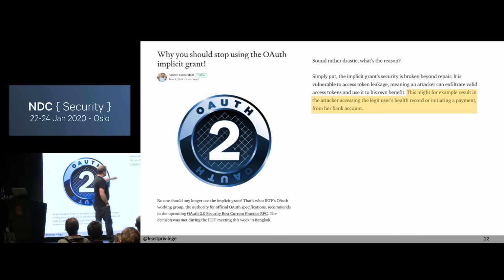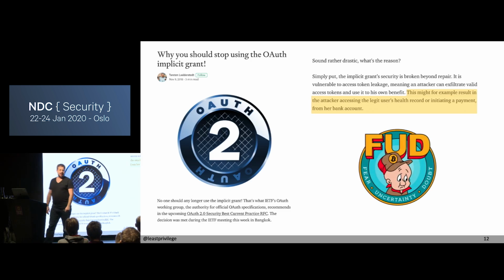This might, for example, result in an attacker accessing your health records or initiating a payment from your bank account. And you can only imagine what happened the next day. I got emails from customers all over the place saying, hey, have you read this? There's a new vulnerability in OAuth. And I said, no, that's not true. It's not a new vulnerability. It's a known weakness of this specific flow that you can mitigate if you're writing the right code.